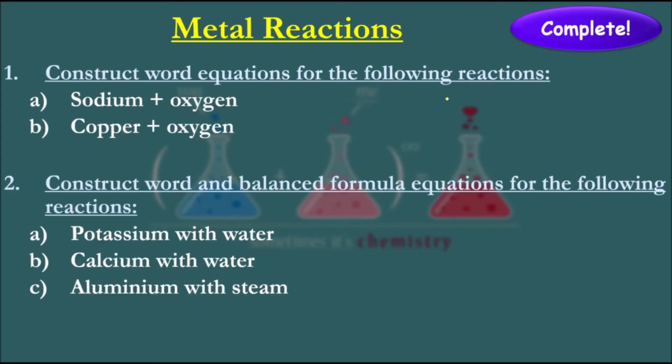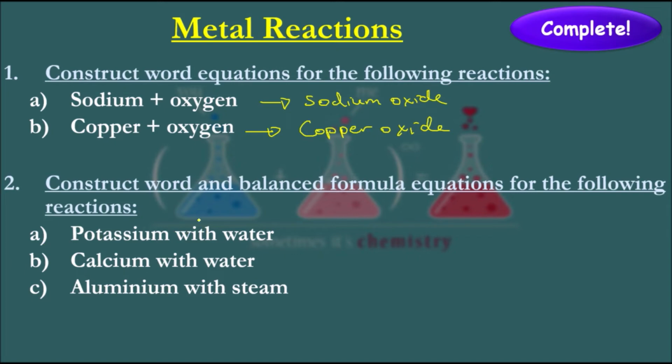Okay, we'll go into our first set of questions for this lesson, and that is to construct the word equations for the following reactions. Sodium plus oxygen would give us sodium oxide. Copper plus oxygen would give us copper oxide. If you want to give yourself a challenge, write the full balanced chemical equation for that particular reaction.